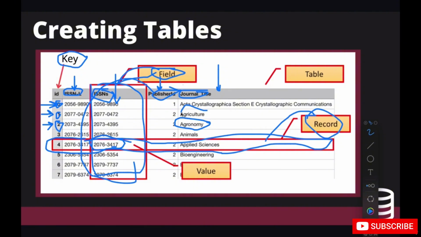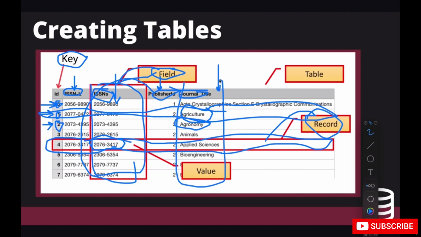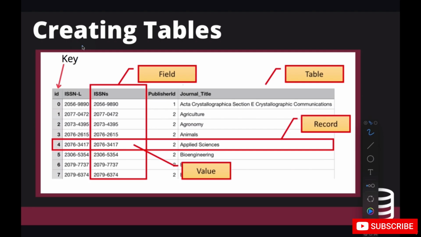If you pick say agronomy, it's a value. If you pick say agriculture, it's a value. An entire row is a record, and an entire column is a field. And don't forget we have an index, or a key. That's the name that you need to understand, a key. So this is an SQL table for you.